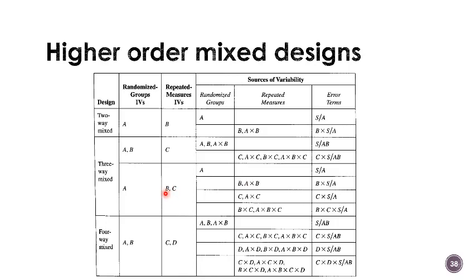So anything that's B or B with A, here B, or A times B, gets B by S with an A. Anything that's C or C with A, so C and A by C, gets a C by S with an A error term. And then when B and C are both in there together at the same time, it gets a separate error term, which is the interaction between B and C. And then the three-way interaction between A, B, and C all get this B by C by S with an A error term. You can see how it gets complicated pretty quick.